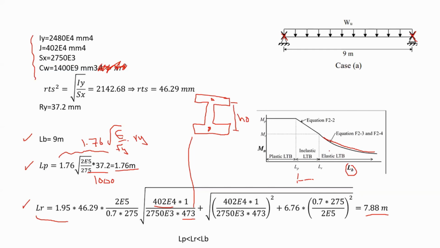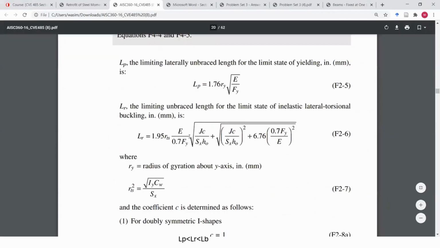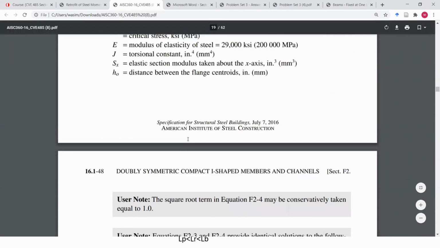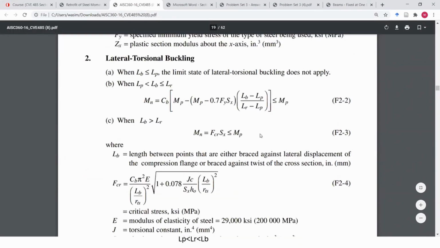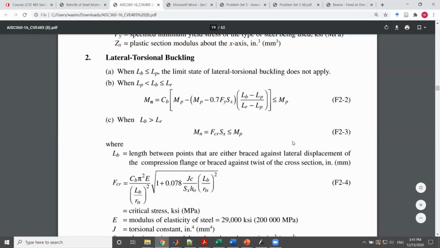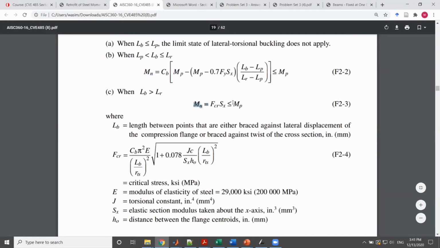So what are the equations? Now, for that part, we said F2. These are the equations related, let me check, sorry, F2-3 and F2-4, where Mn is equal to Fcr times Sx.